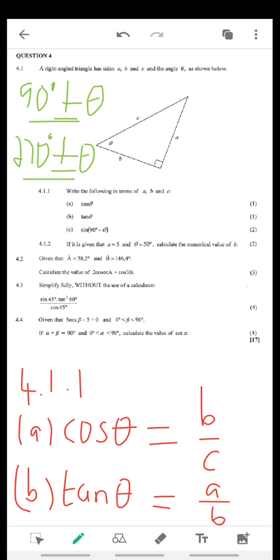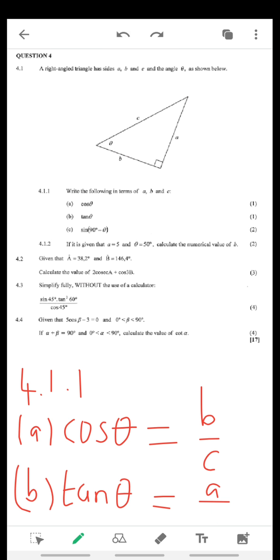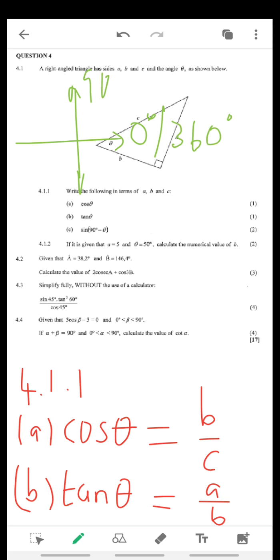But remember, 90 plus or minus and 270 plus or minus will change sine to cos and cos to sine. Here's a nice way of remembering whether they will change. On a Cartesian plane, we have 0 degrees, 360, 90 degrees, 180 degrees, and 270 degrees.